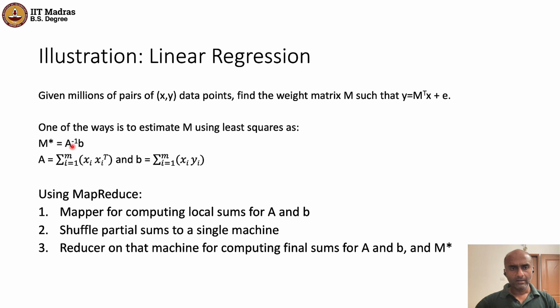So that's my least squares estimator, which is minimizing the error. So in effect, I've solved for linear regression using MapReduce by looking at sums and then breaking down the sums across the machines.